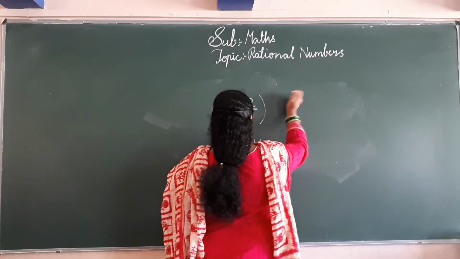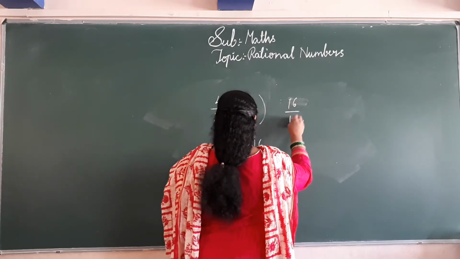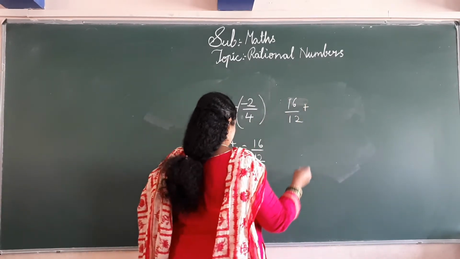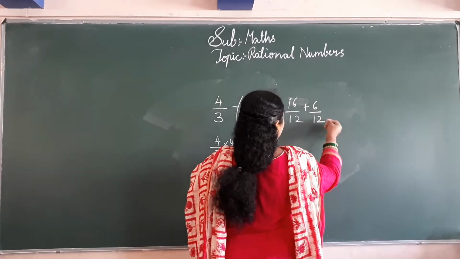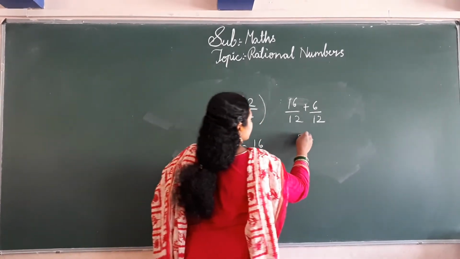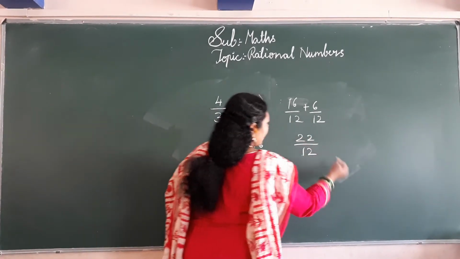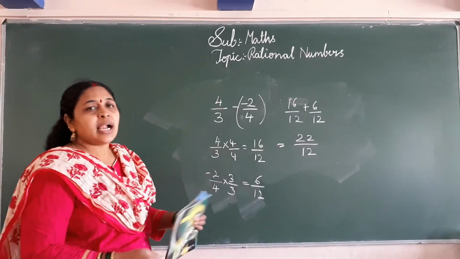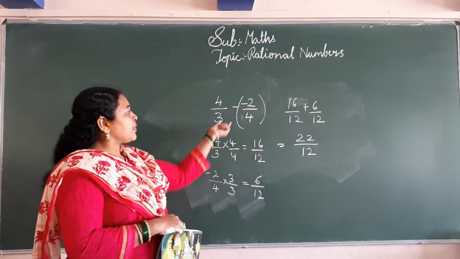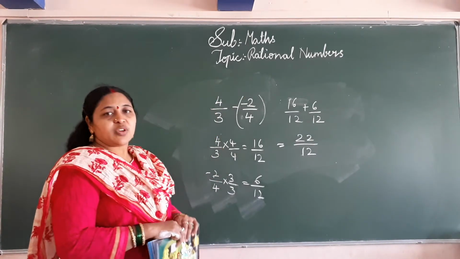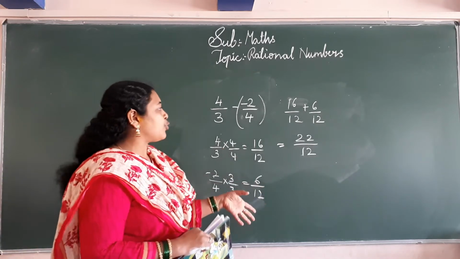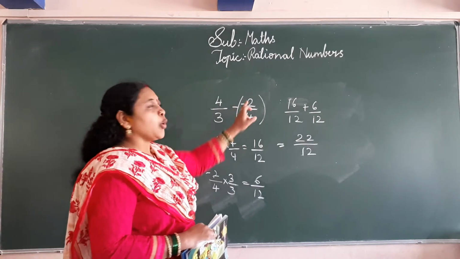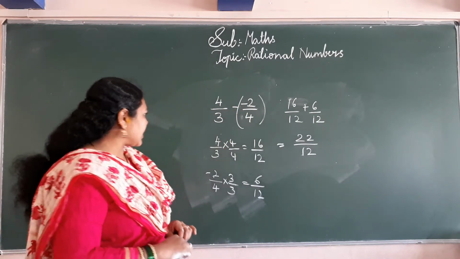So 16 by 12, minus into minus becomes plus, 6 by 12. 16 plus 6, that is 22 by 12. That is how we do addition and subtraction for rational numbers. We use the same formula as for fractions, but only when you get a negative number do we go for the integer method. Is it clear, children?